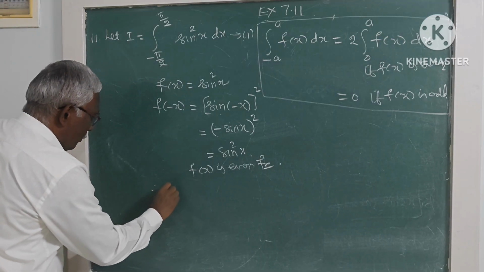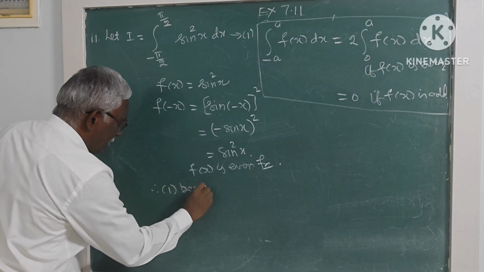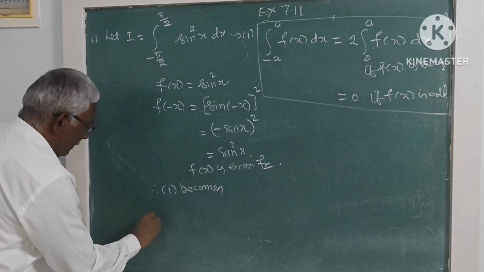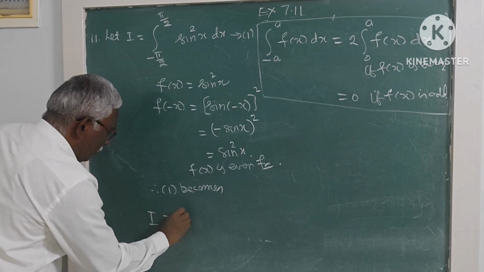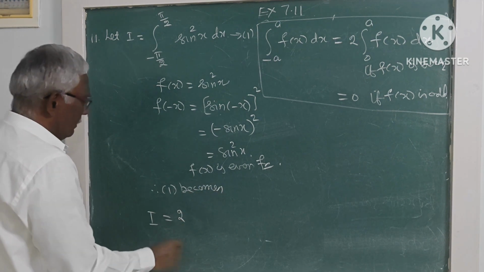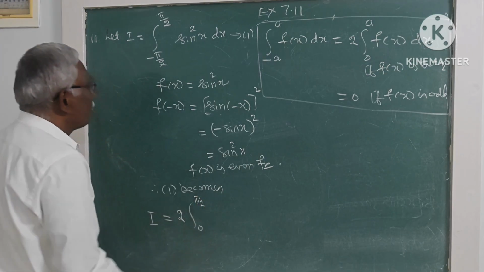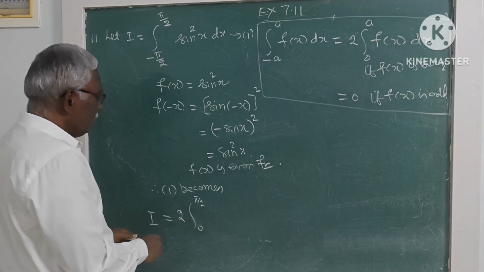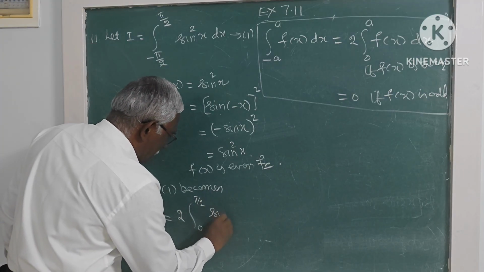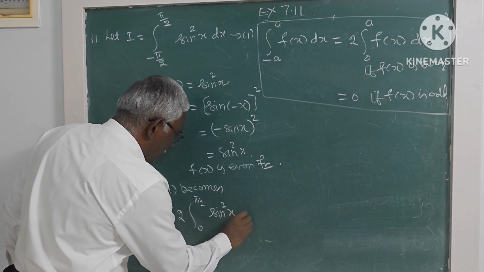Therefore, I becomes I is equal to 2 times integral 0 to pi by 2 sin square x dx.